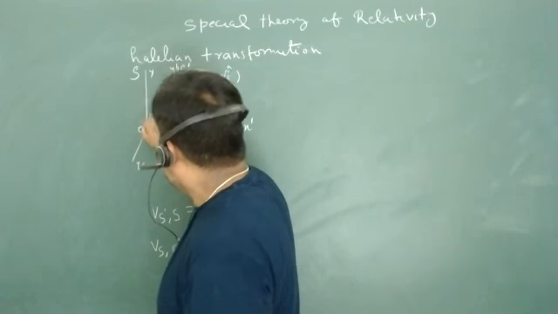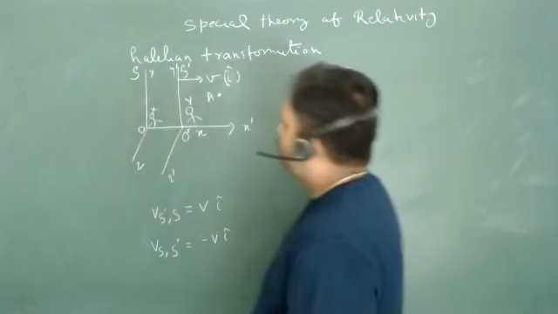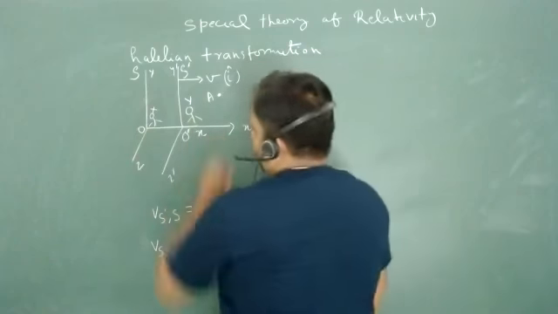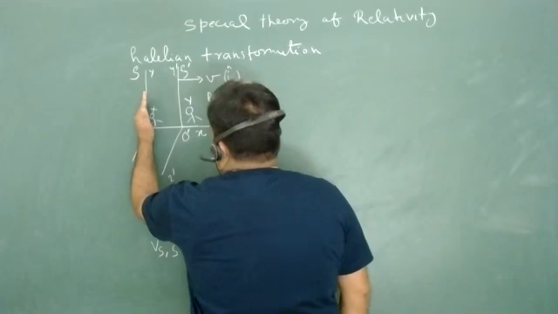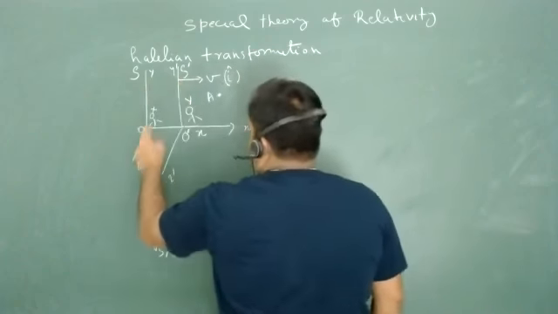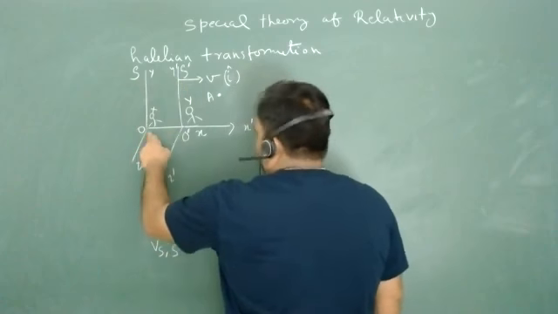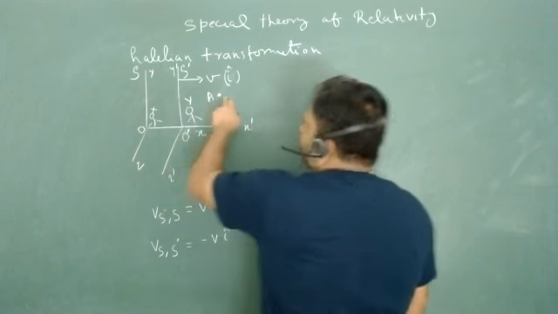This is the origin of S and this is the origin of S dash. After time t, what is the meaning of that? At t equal to 0, we start from here. And after time t, S dash will move up to this distance. The origin of S dash will move from here to here.